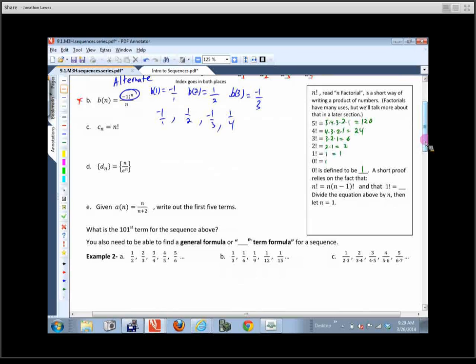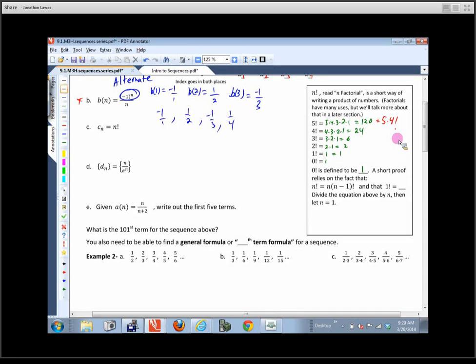It's based on the fact that if I write n factorial, and this is something that you'll want to keep track of, if I say n factorial, that's the same as n times n minus 1 factorial. So let me show you what I mean by that. If I say 5 factorial, couldn't 5 factorial have been written as 5 times 4 factorial? Wouldn't that work?